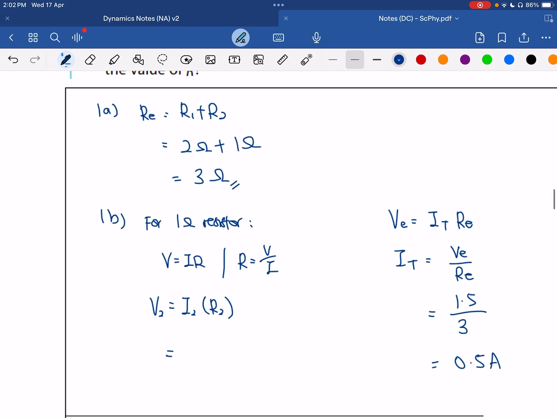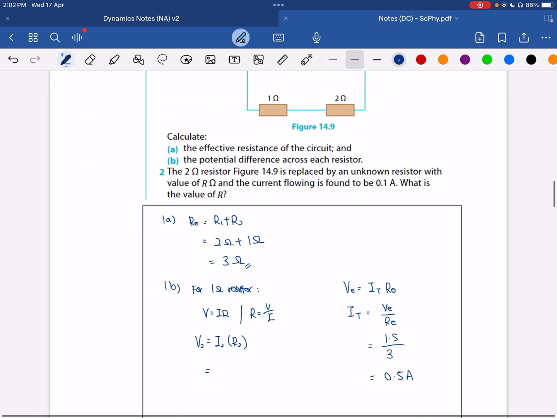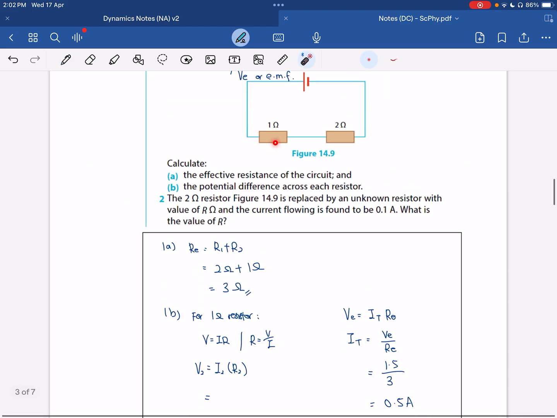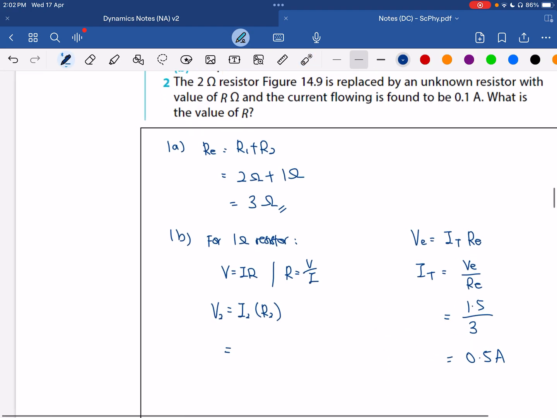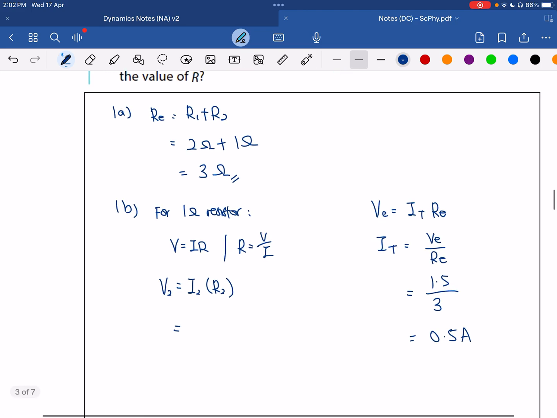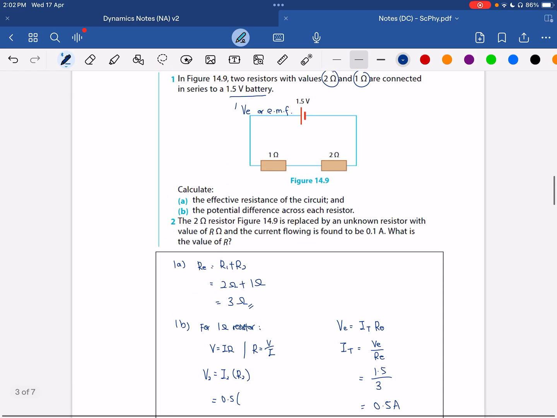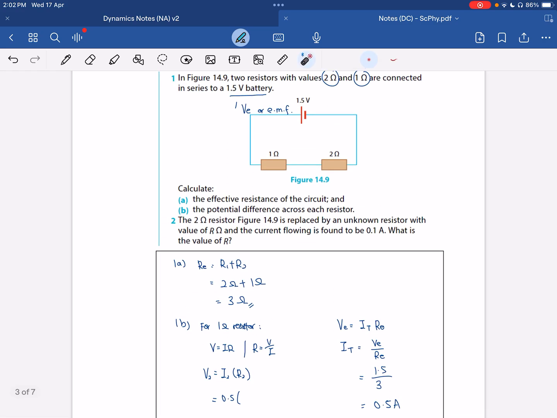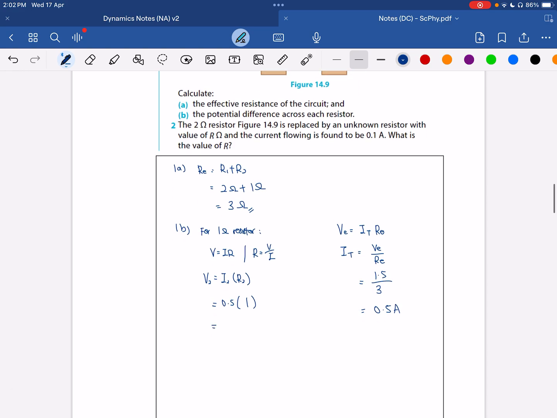So therefore, since the current at every point is the same at 0.5, my I2 will also be 0.5, times R2. For the 1 ohm resistor, it will be 0.5 times 1, so 0.5 volt.